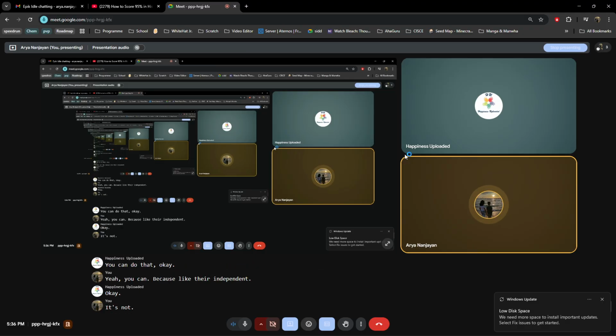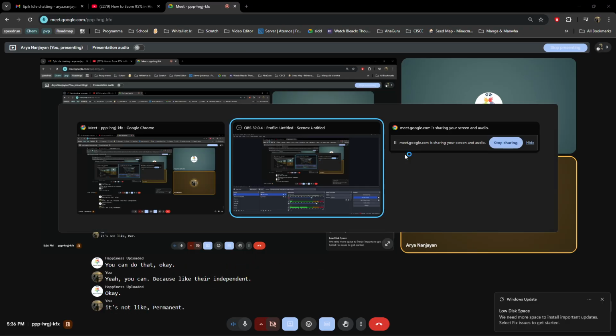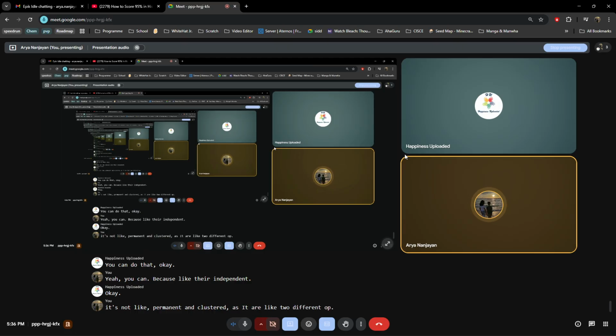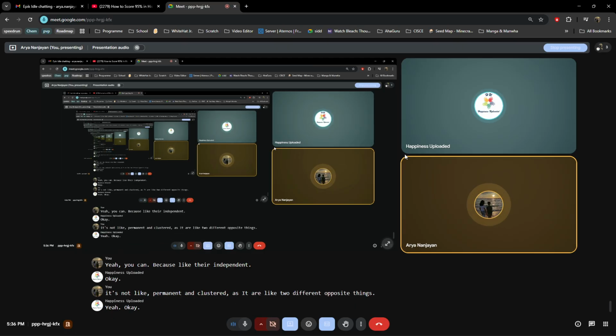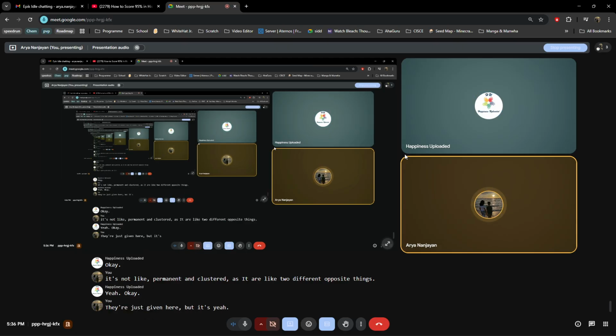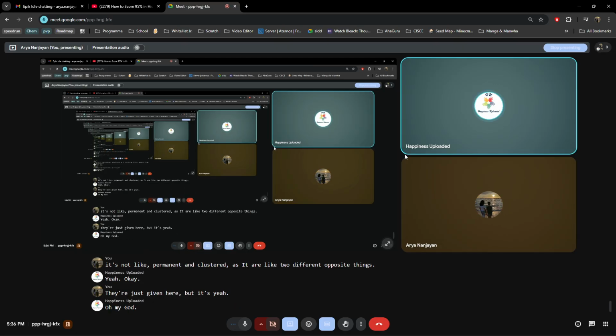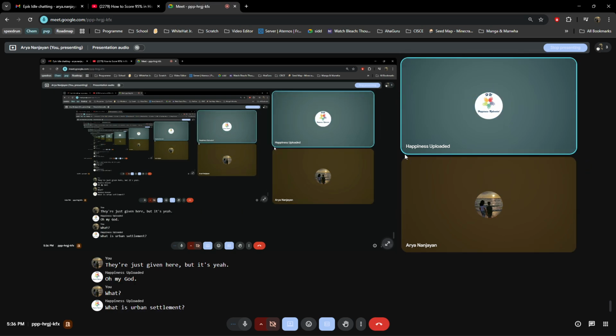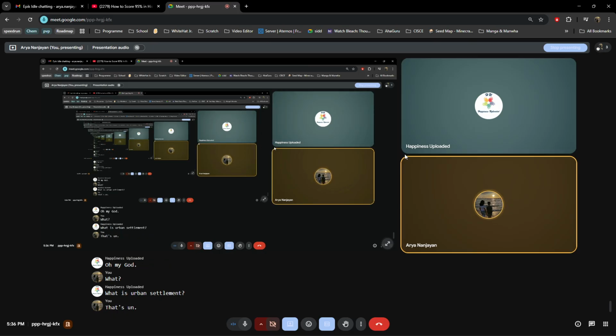It's not like permanent and clustered are two different opposite things. They're just given here, but it's weird. What is urban settlement? That's unimportant. Like very developed area, that's urban.